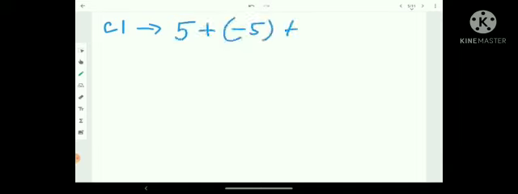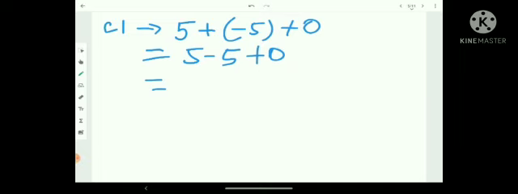So now I am moving to the columns. Column wise I will write in blue color. Column 1 is 5 plus minus 5 plus 0, which is 5 minus 5 plus 0. 5 minus 5 is 0, and 0 plus 0 is 0.